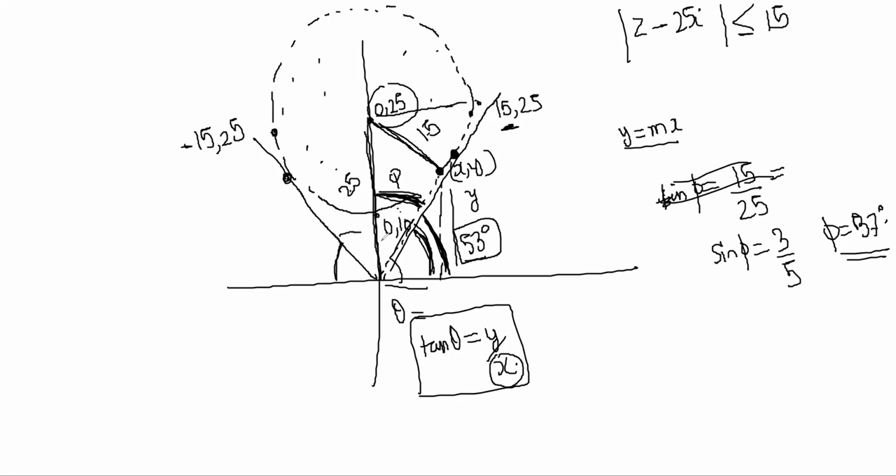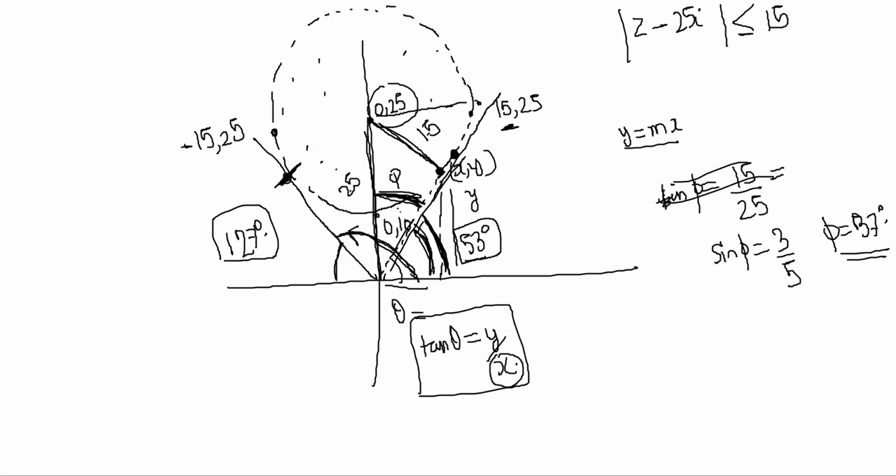So the argument of this side's complex number is 180 minus 53, so 127 degrees, and here it is 53 degrees for this one. So we didn't have to do coordinate geometry, you can do it by simple geometry only.